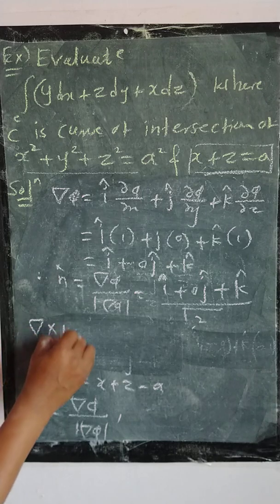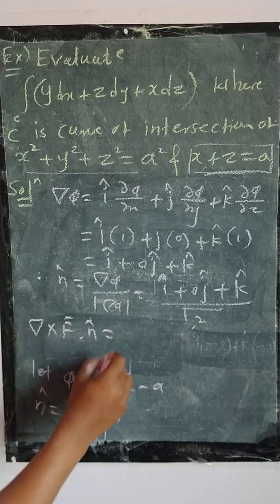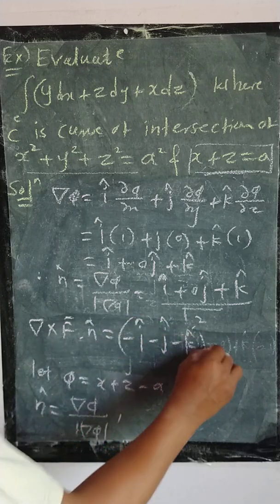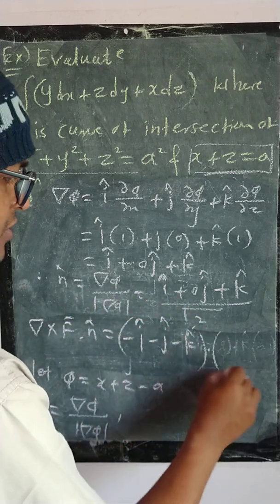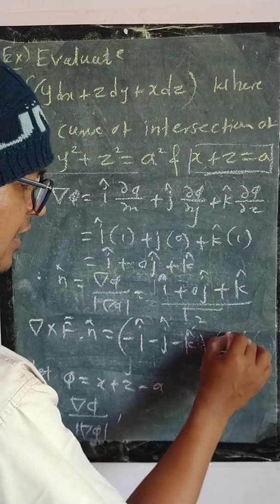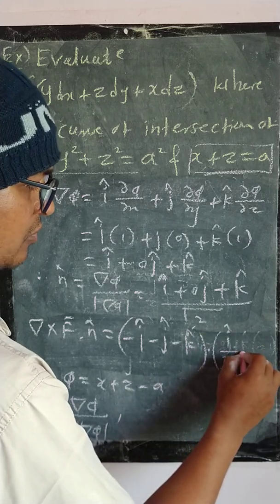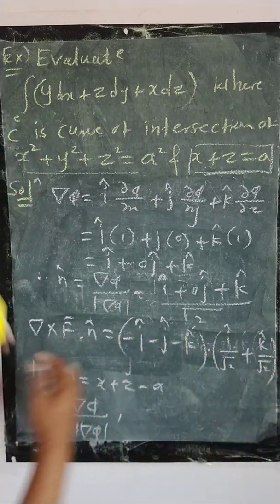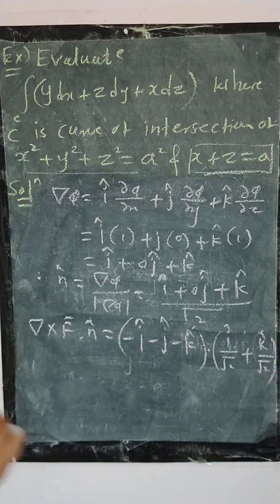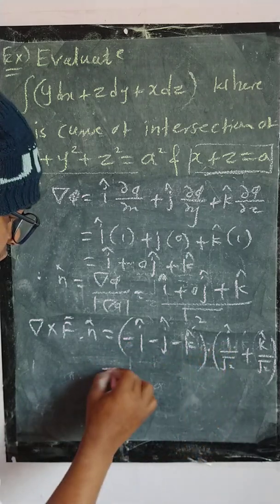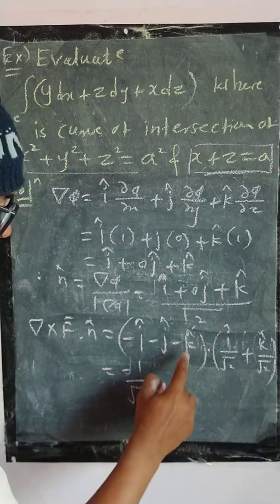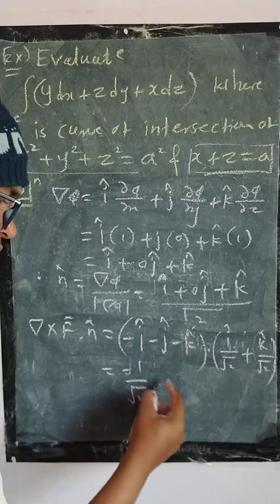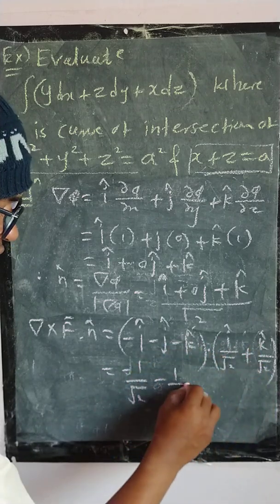Therefore del cross f bar dot n cap is minus i cap minus j cap minus k cap, dot product with this n cap, which is i cap by root 2 plus k cap by root 2. The dot product of these two vectors is component-wise multiplication, which is minus 1 into 1 by root 2, which is minus 1 by root 2, minus 1 into 0 because the j component is not there, and minus 1 into 1 by root 2, which is minus 1 by root 2.